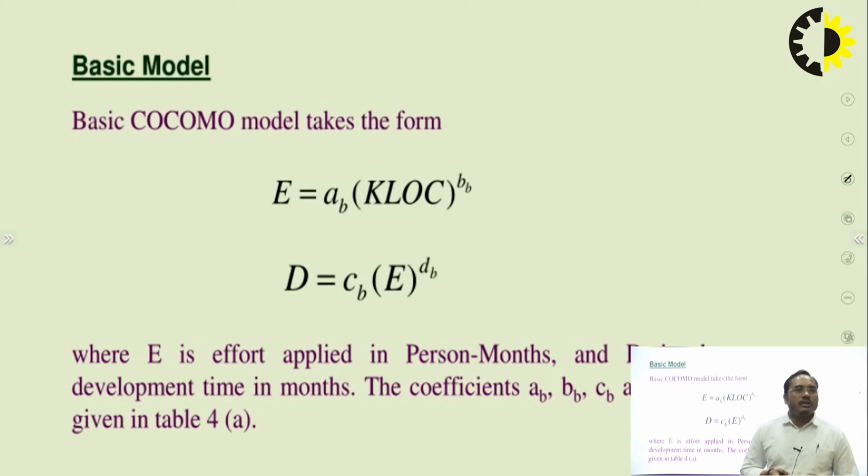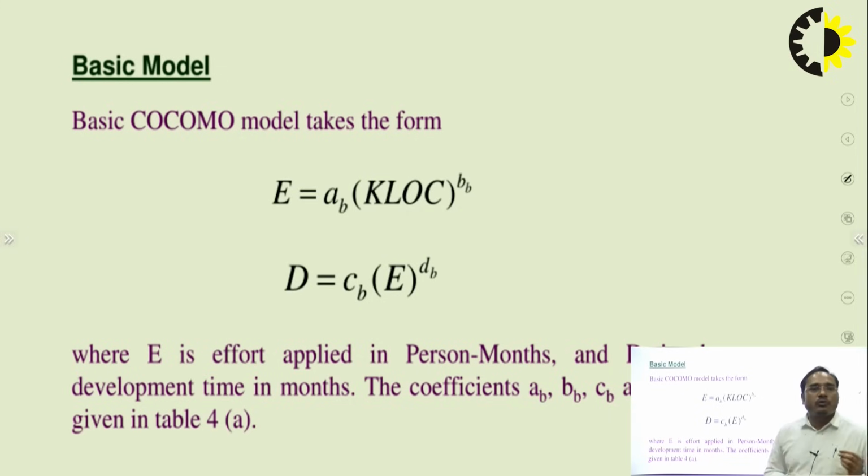effectiveness of this model? The COCOMO model is basically used to calculate different values. The first value is E equals A subscript b times KLOC to the power B subscript b. What purpose is it used for? What is E? E is the effort applied in person-months.